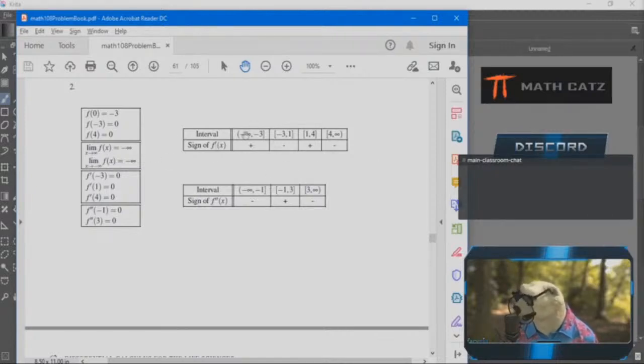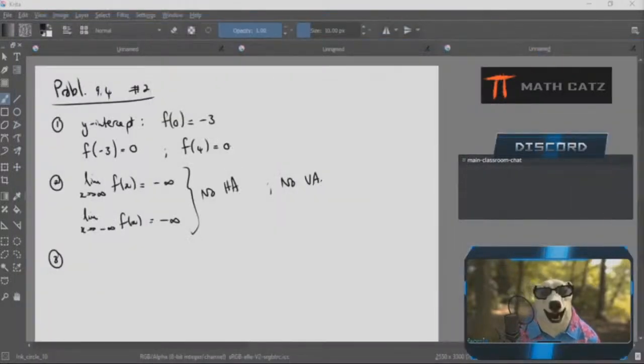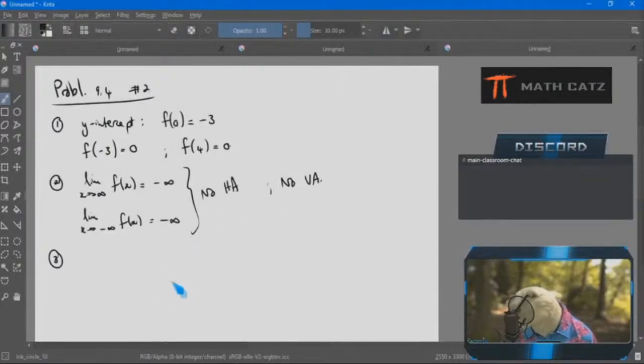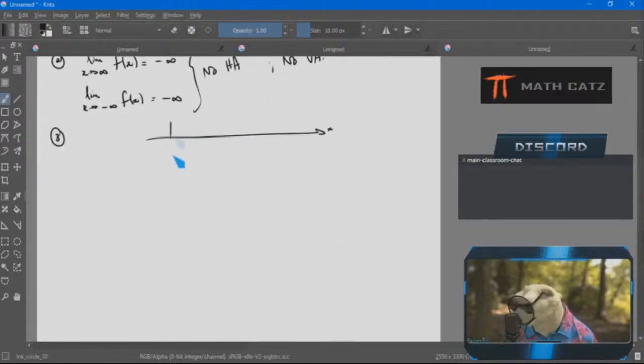So now I'm in the increasing-decreasing behavior step, and I need to see that table. So I like to copy the table, make it look more familiar. So let's do that. There's my number line. They don't show me the detail, but they tell me I need to split this up according to -3, 1, and 4.